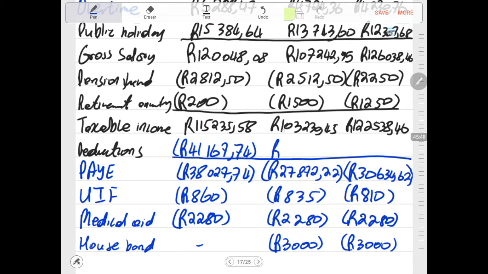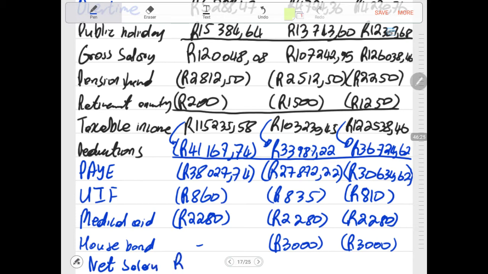The second one, deductions will amount to 33,987.22, and the last one will be 36,724 rand 62 cents. Then our taxable income minus deductions will give us the net salary.